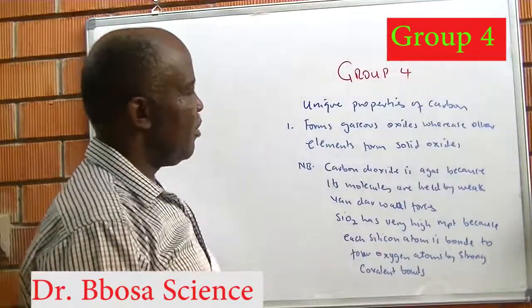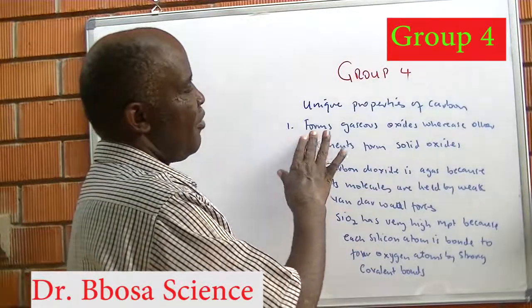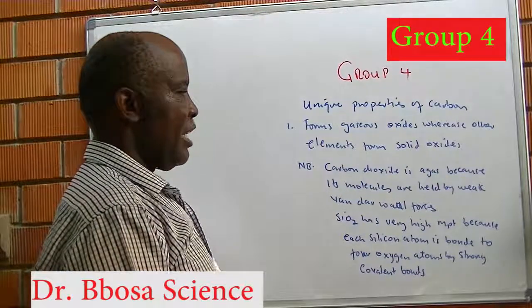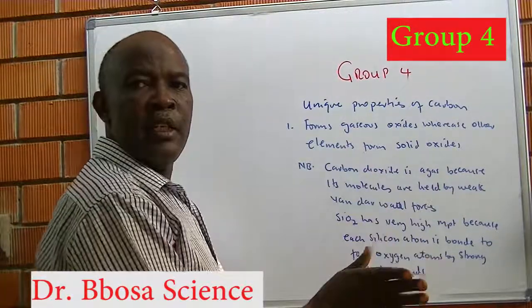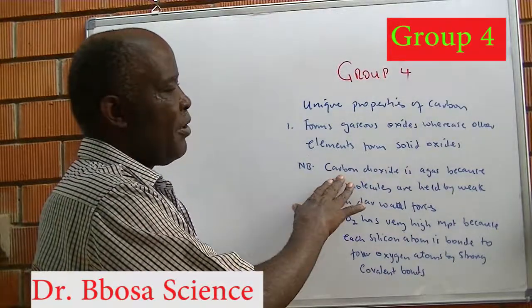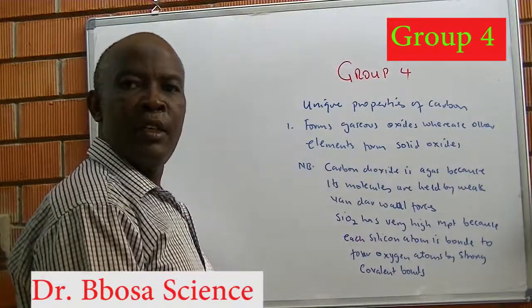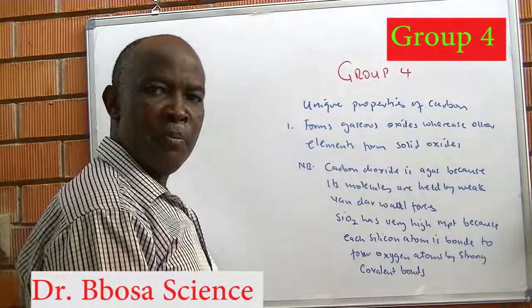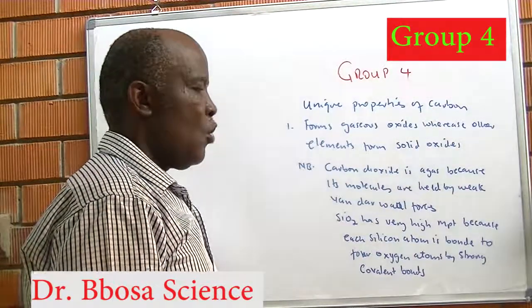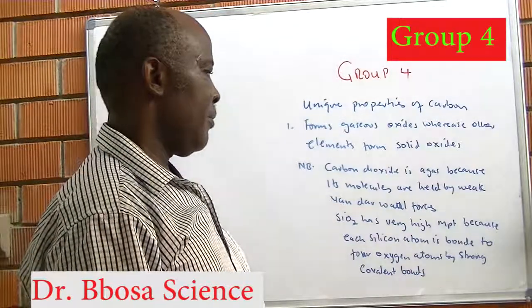Unique properties of carbon. 1. Carbon forms gaseous oxides, whereas other elements form solid oxides. Note that carbon dioxide is a gas because in solid form its molecules are held by weak van der Waals forces.